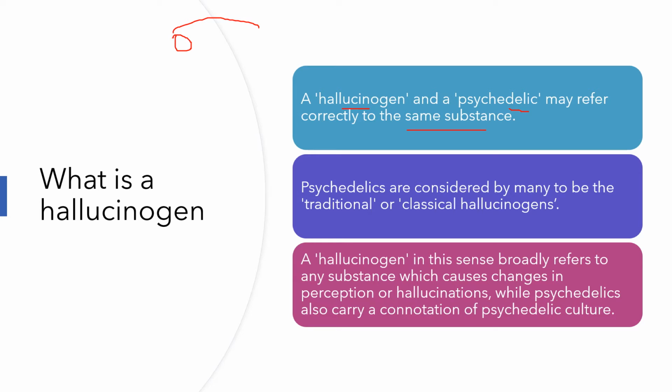Psychedelics are considered by many to be the traditional classical hallucinogens. A hallucinogen in this sense broadly refers to any substance which causes changes in perception or hallucinations, while psychedelics also carry a connotation of psychedelic culture. It is mind altering. You perceive things in a way that changes over a period of time, and it is in that culture.